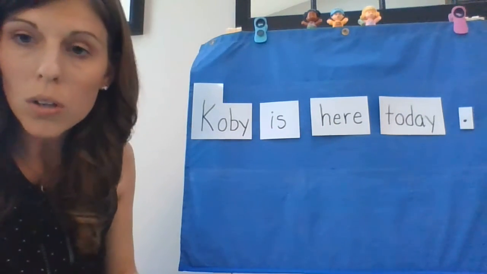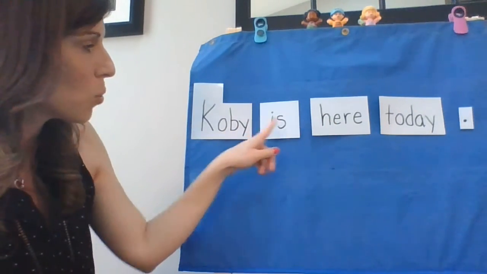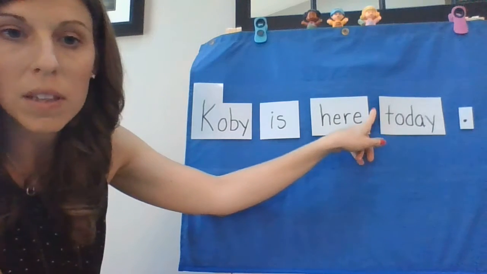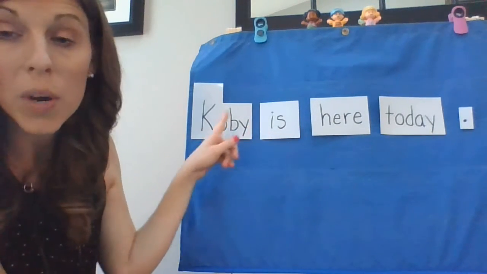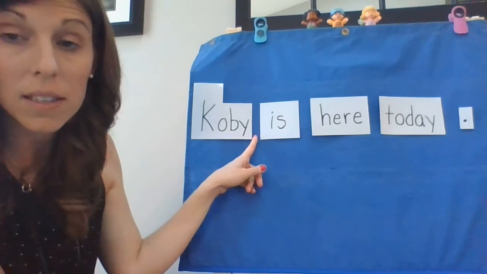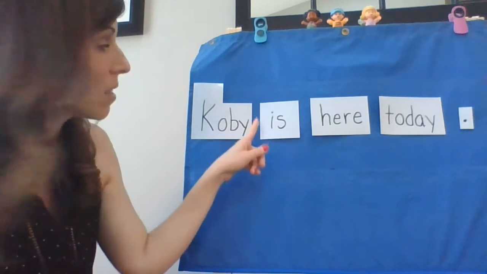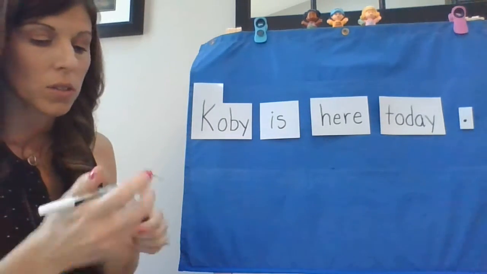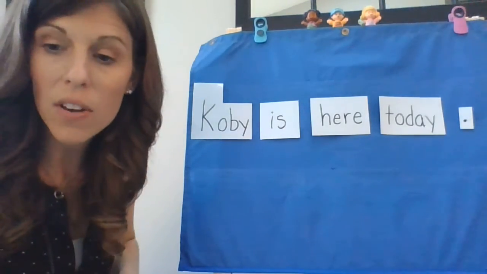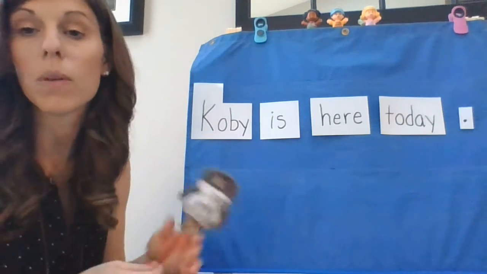You probably also noticed that in between each one of my tiles, there's a little space. We've been talking about how we know when one word ends and another word begins because there's a space in between those words.